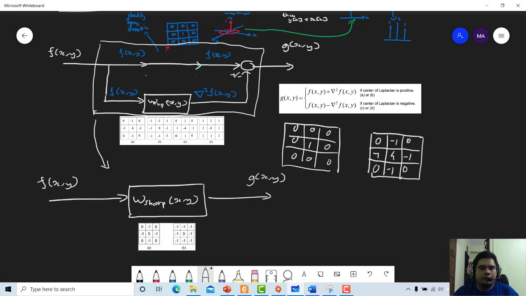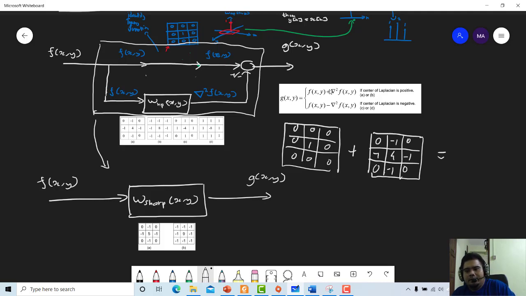If you remember, if we are using A to obtain our nabla square f(x,y), then at this side you must add f(x,y) to the output after applying the all pass filter. So you can simplify here. If this is a plus operation, then this is also plus.